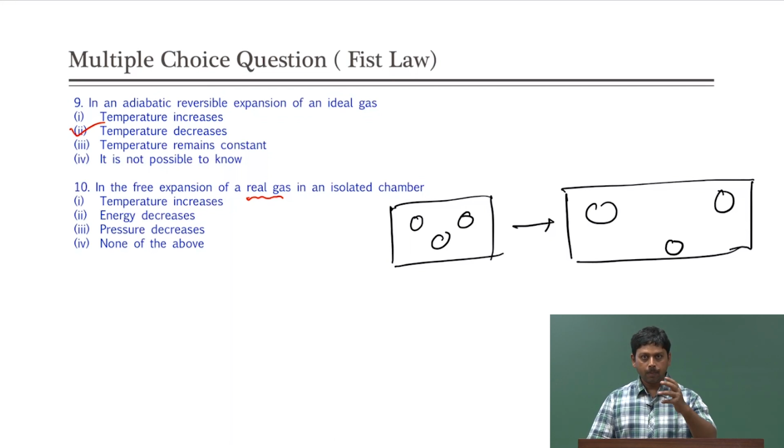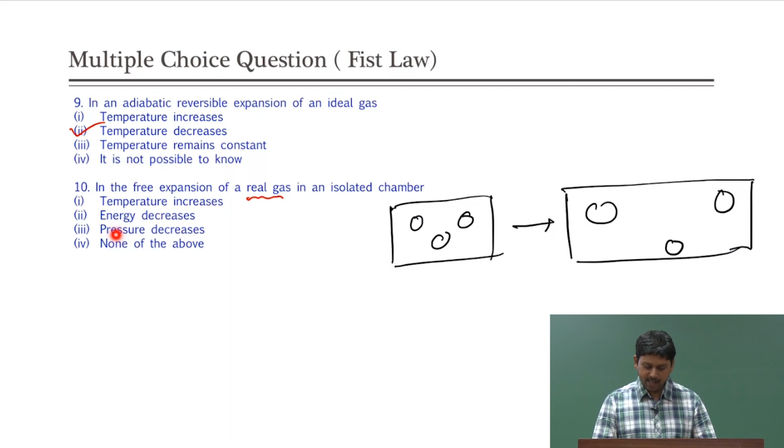Because the system does some work, dw becomes negative and therefore du also becomes negative, decreasing the temperature of the system. So, temperature decreases is the right answer. However, there is no option like that. Energy will not decrease because it is an isolated system, and temperature increases is wrong because we know temperature decreases, but there is no option like that.